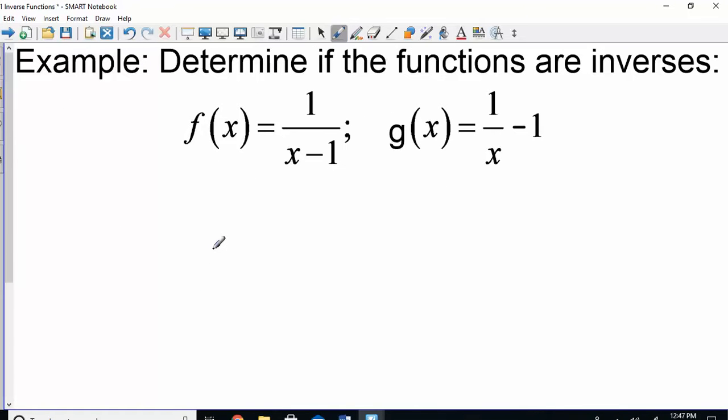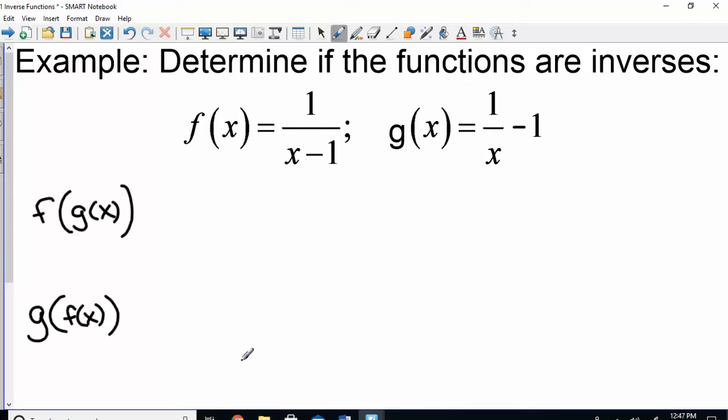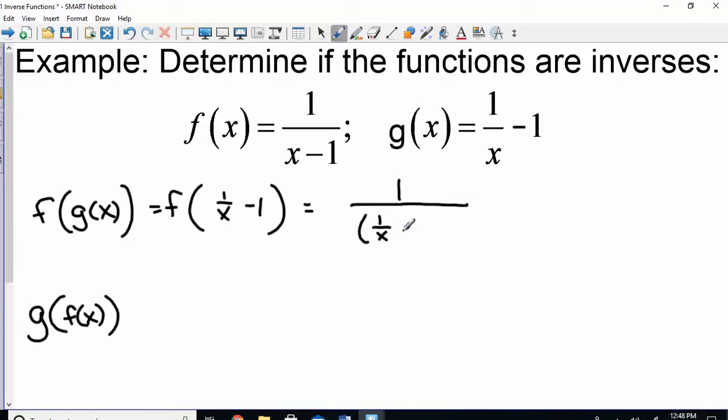I want to see if these are inverses. If they're inverses, that means they cancel each other out. So we will do F composed with G and G composed with F, and both of those things have to equal X. So F composed with G. That means I'm going to go to F, and I will replace my X with 1 over X minus 1.